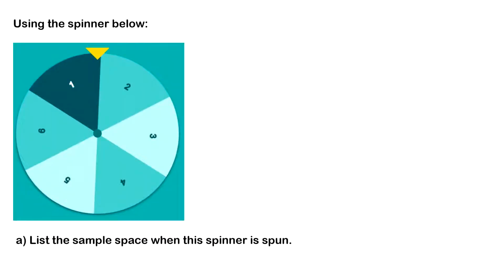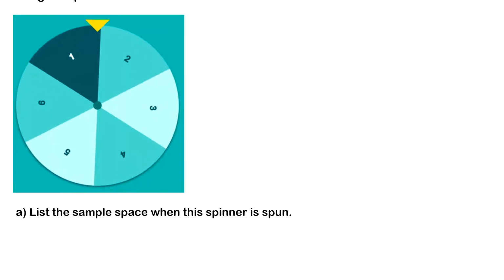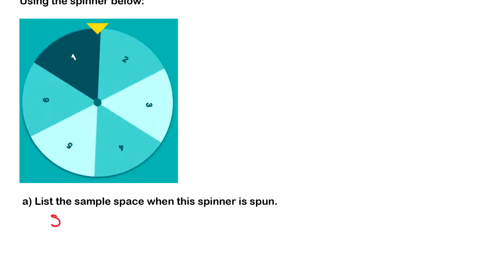We will now answer some questions. On your screen you can see a spinner, and we need to list the sample space when this spinner is spun. So remember, the sample space is all possible outcomes.